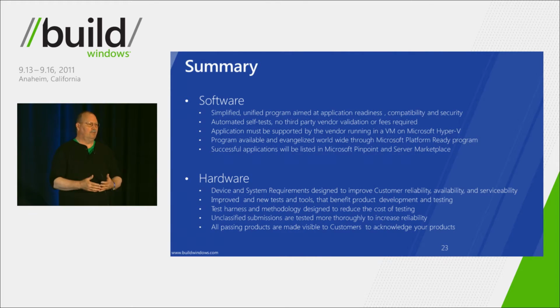We'll be improving the reliability of unclassified, which will help the customer out. And we want to make sure that we're exposing all of these products in a way that customers know, yep, these are the things that I should buy. And I shouldn't buy some clone white box that someone swears would pass the tests if I ran them.